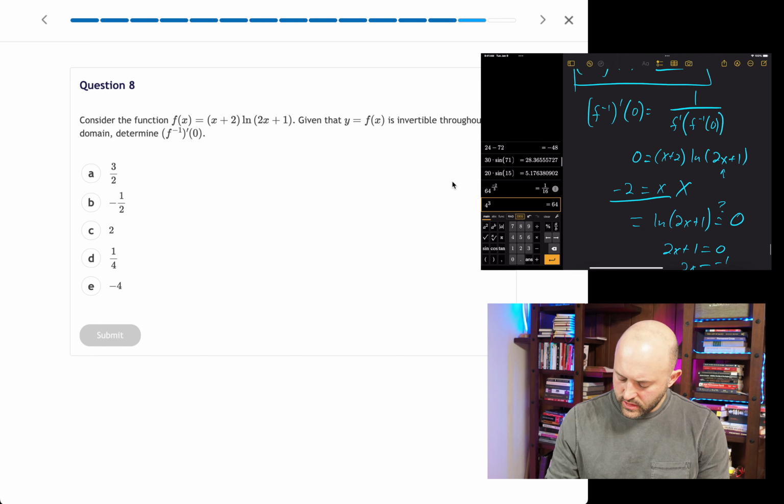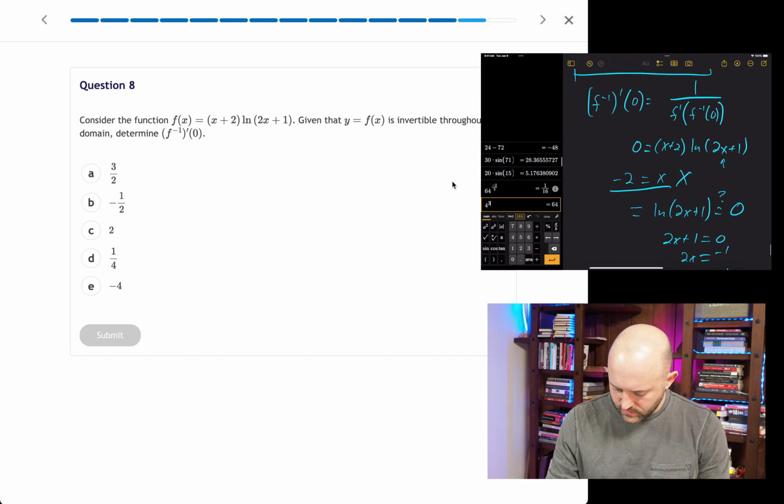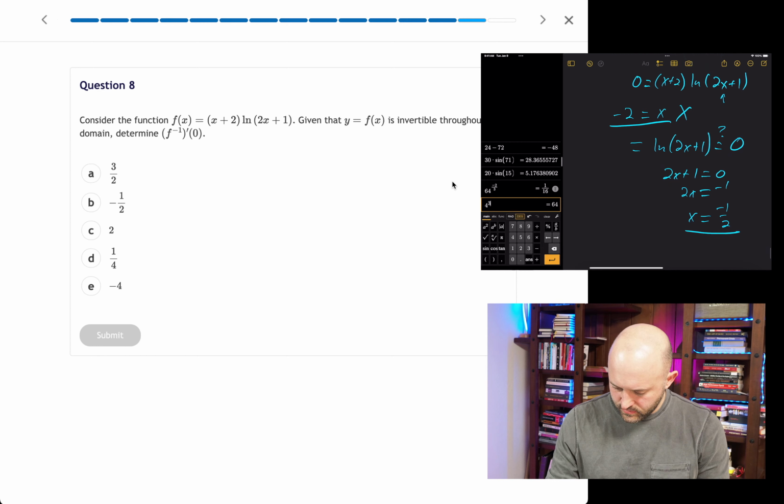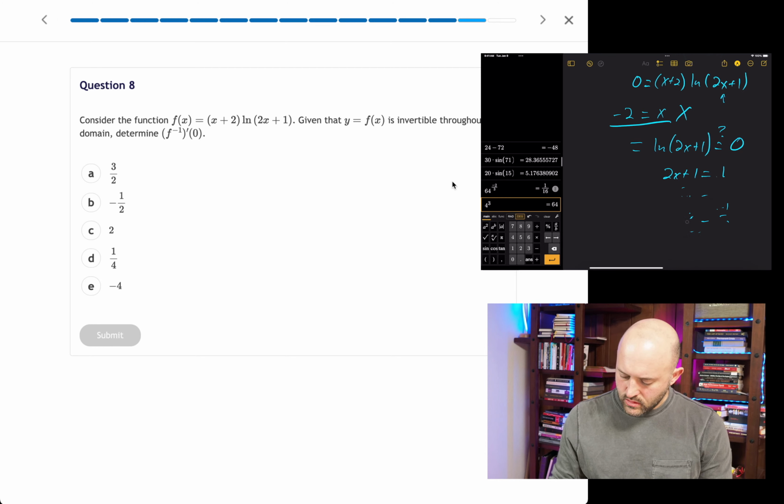So we'll check here. Negative 1/2 means this goes to, no. When this equals 1, which means, come on, 2x equals 0, which means x equals 0.